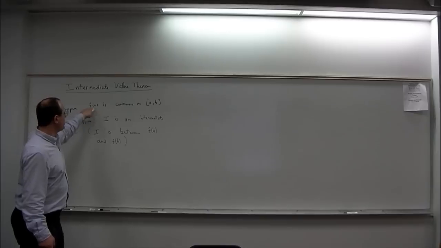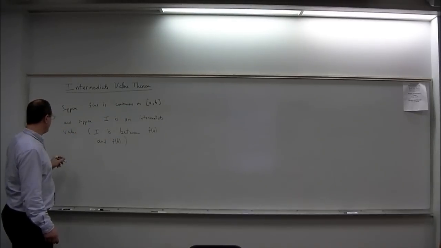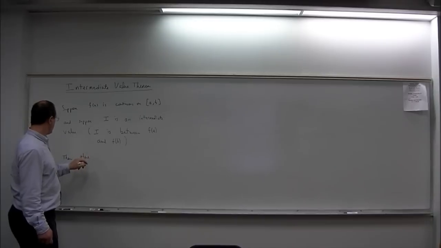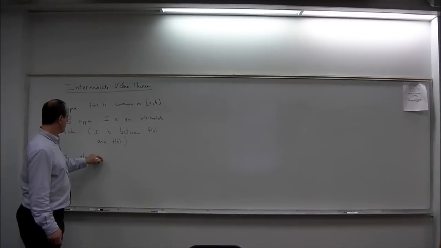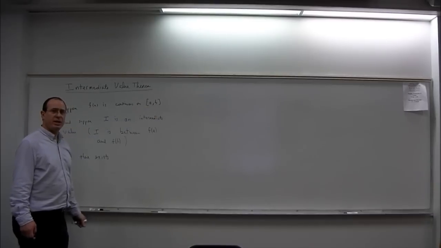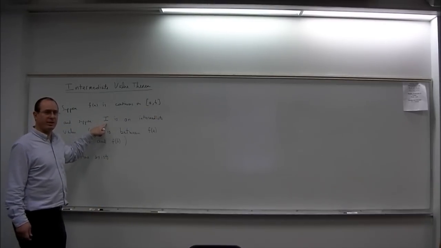So f of x is continuous on the interval from a to b, and I is an intermediate value. Then the conclusion is that there exists an input to the function somewhere between a and b, such that f of that input is exactly this intermediate value.